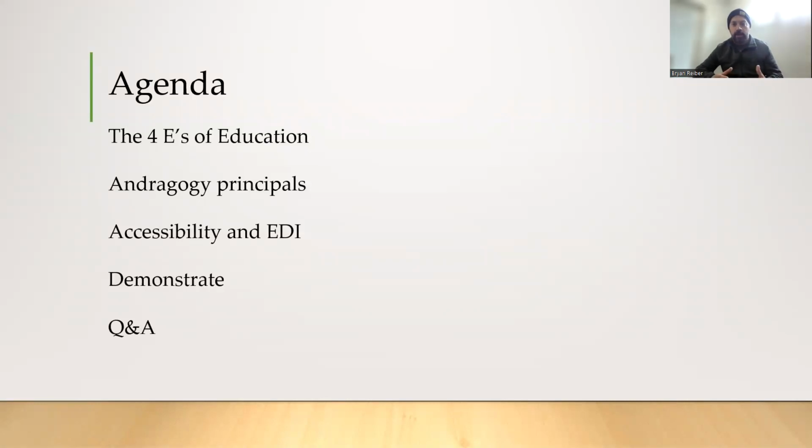Accessibility and how EDI can play a role in SketchUp, or how SketchUp can satisfy those things. I'll be demonstrating a little bit of the functionality of SketchUp, trying to give you more insight and maybe excite you, inspire you on getting on the program. Then we'll finish off the end with a little quiz and a question and answer.